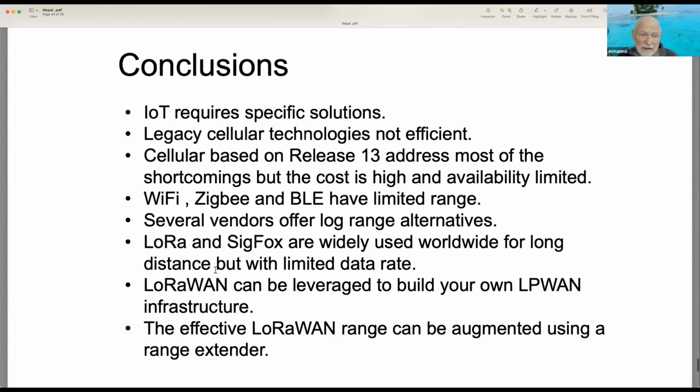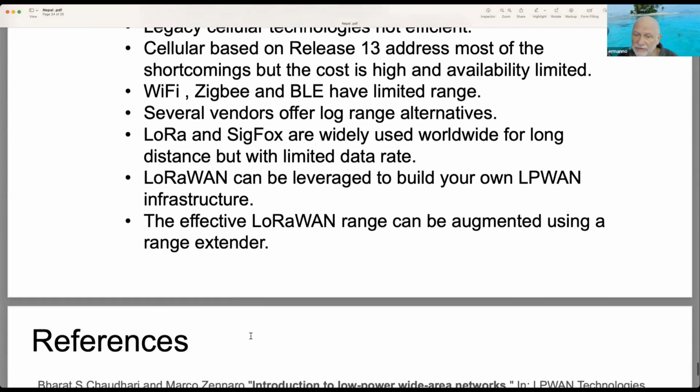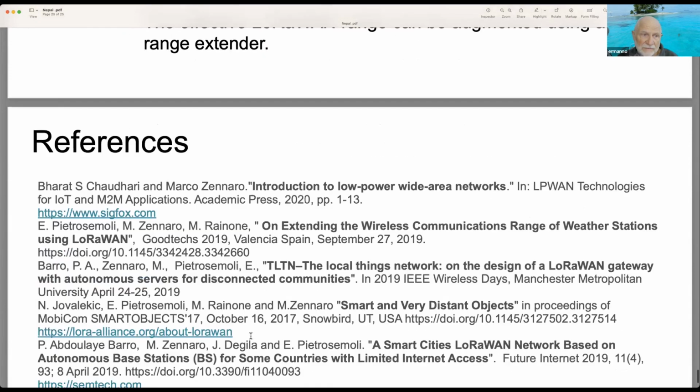There are networks available from different manufacturers, and we show that the effective LoRaWAN range can be increased using a range extender that we have designed and deployed on our own. So with that, I am open for questions if there is any.